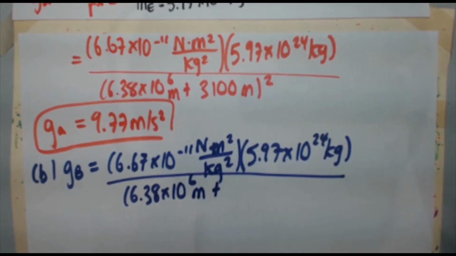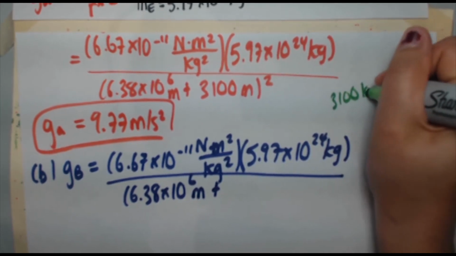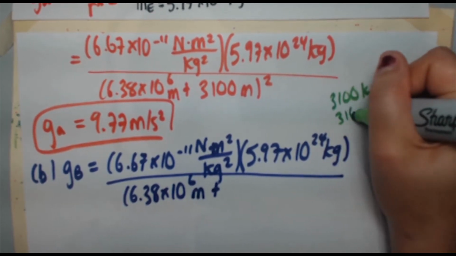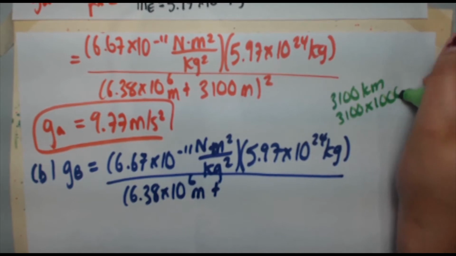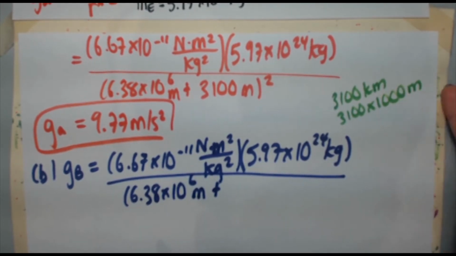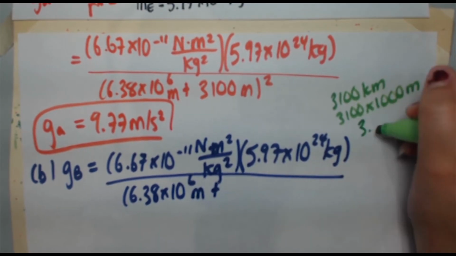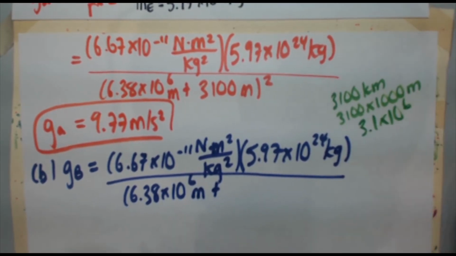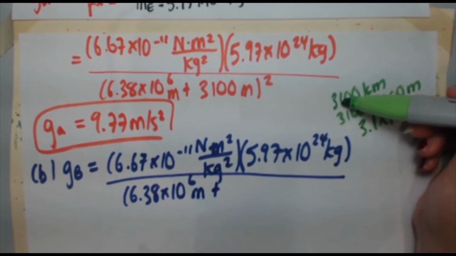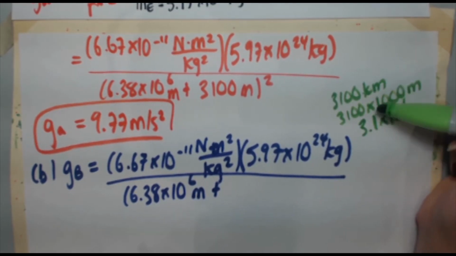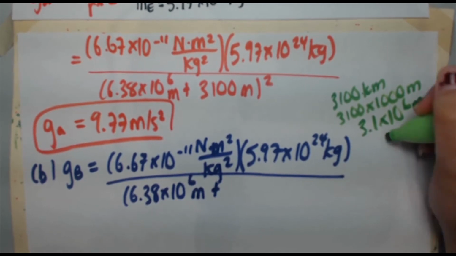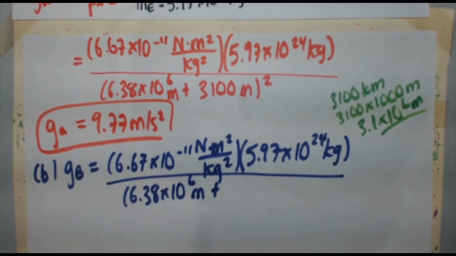How do you write that in scientific notation? 3,100 kilometers is technically 3,100 times 1,000 meters, right? Because to go from kilometers to meters, you multiply by 1,000. If you want to express that in scientific notation, it's going to be 3.1 times 10 to the 6. So just double check that. If you go 1, 2, 3, and then another 1, 2, 3, you make up for the 1,000. So 3.1 times 10 to the 6 meters.